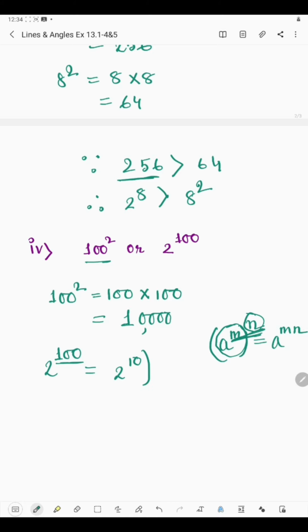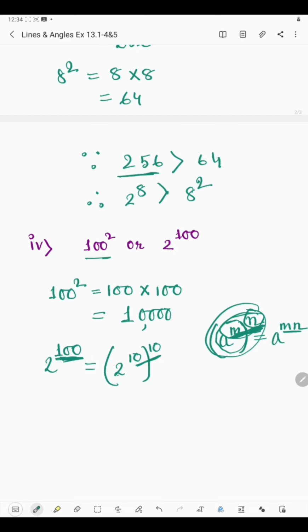Okay, similarly here power is 100. So I have written it in this form, like a to the power m to the power n. So 2 to the power 10 to the power 10, because if you see this law, m and n is multiplied, so we have got mn. Similarly, if you multiply this, we will get 100. Okay, so now we will find the value of 2 raised to the power 10.